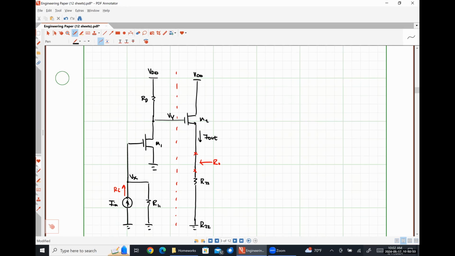So what we're going to have effectively is a three-part gain configuration. So we're going to have Vx over In times Vy over Vx times I out over Vy.